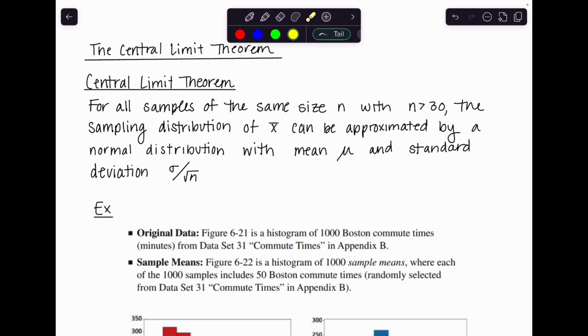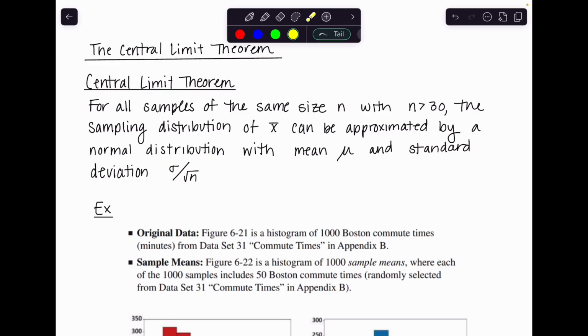If that's the case, then the sampling distribution of those sample means can be approximated with a normal distribution with mean mu, and we know it's the exact same mean because it's a good estimator. Its standard deviation is the previous standard deviation, but divided by the square root of n, which is that sample size.